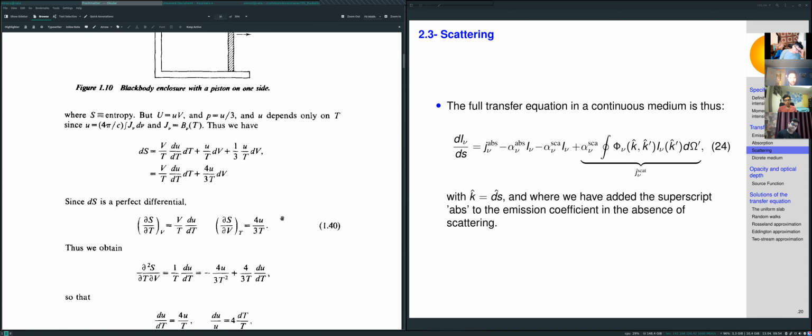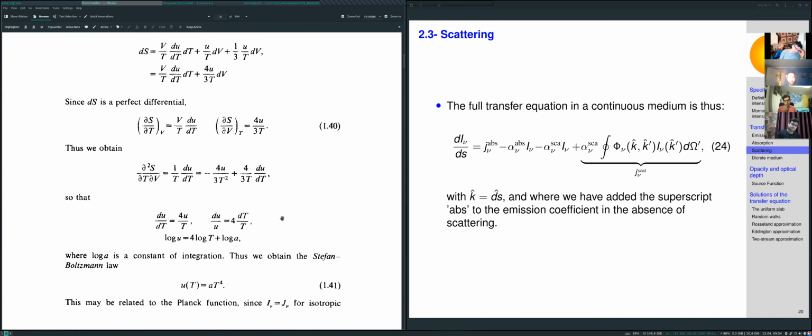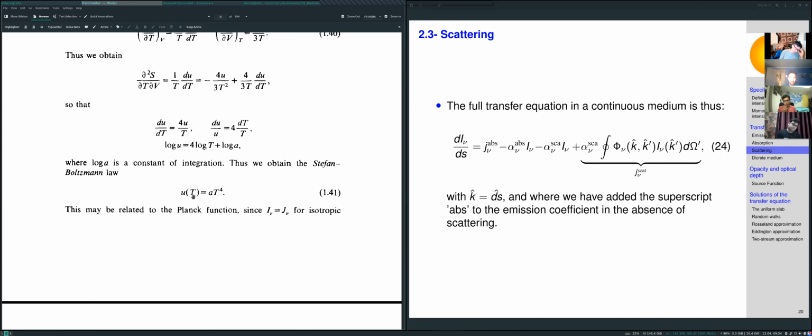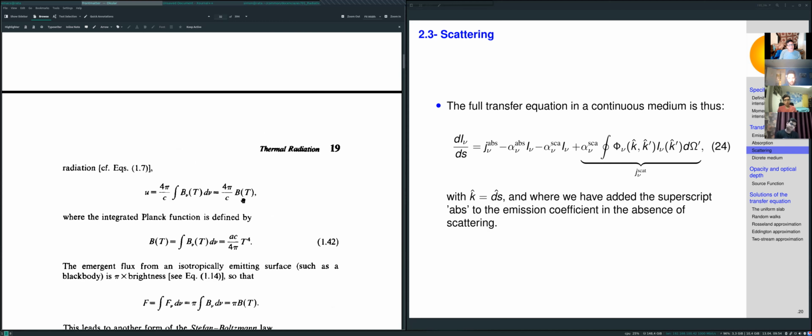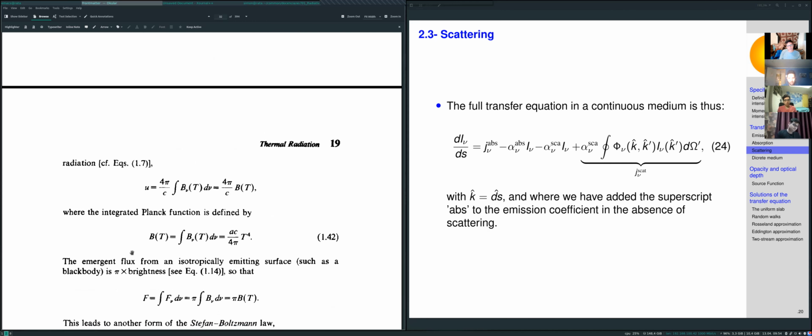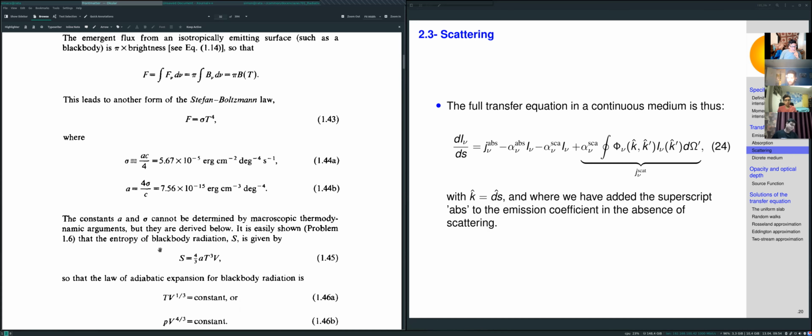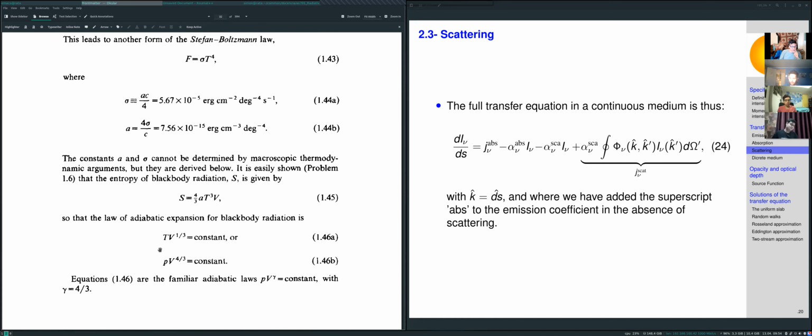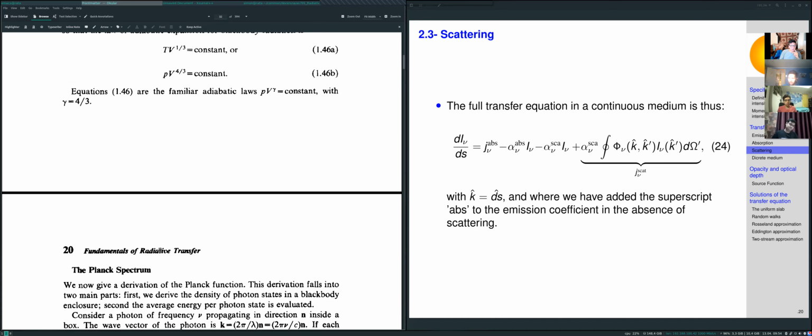These concepts about the thermodynamics of blackbody radiation are important because we reach the equation of state, if you want, for the energy of a black body, the Stefan-Boltzmann law. It's also very important to connect it with the bolometric Planck function, so the net flux emitted per surface area of a black body. All those are very important topics you should know.